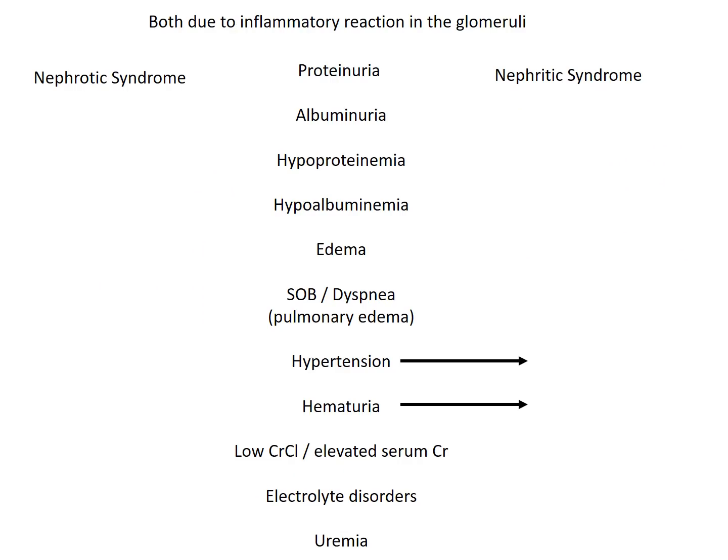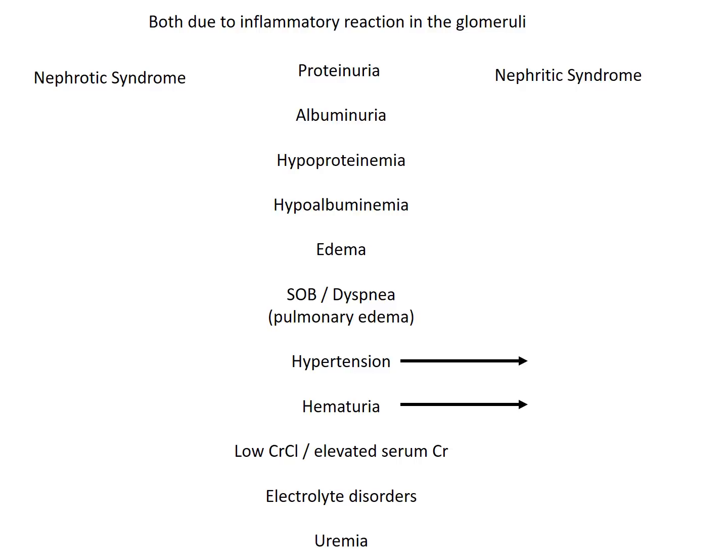All right, what do we have here? Inflammation in the glomerulus leads to glomerulonephritis, and there's two forms of glomerulonephritis, nephrotic and nephritic. And what I'm showing you here are all the different signs and symptoms that a patient can have with either form of glomerulonephritis.